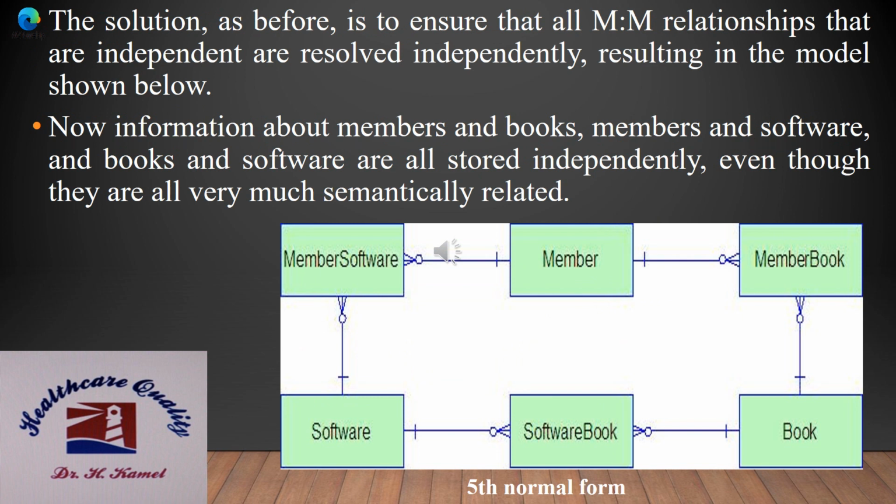The solution, as before, is to ensure that all many-to-many relationships that are independent are resolved independently, resulting in the model shown below. Now, information about members and books, members and software, and books and software are all stored independently, even though they are all very much semantically related.